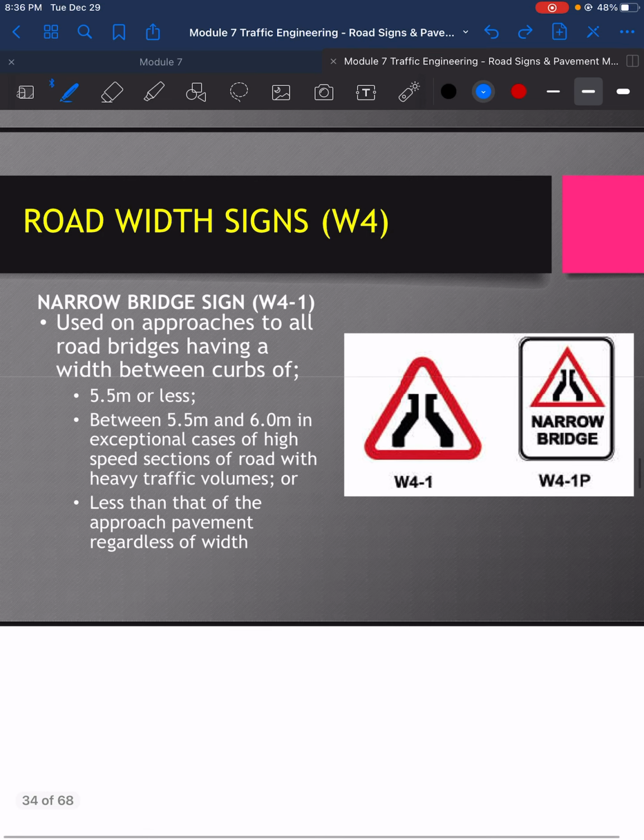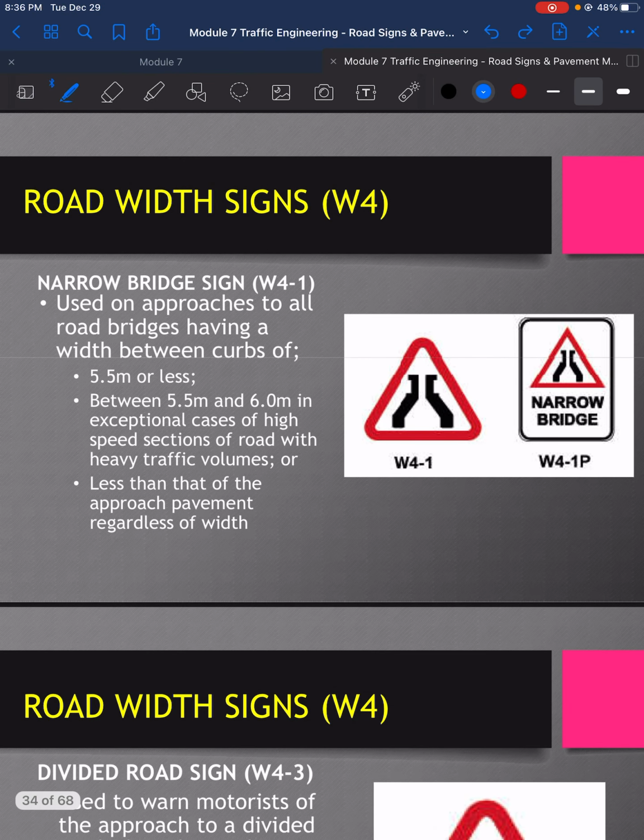So we have here the road width sign W4, narrow bridge sign W4-1, used on approaches to all road bridges having a width between curbs of 5.5 meter or less, between 5.5 meter and 6.0 meter in exceptional cases of high-speed sections of road with heavy traffic volumes, or less than that of the approach pavement regardless of width.